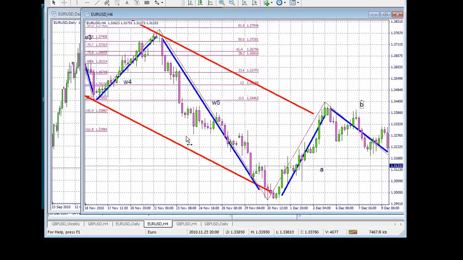And actually 61.8 on the Fibo level was a big surprise. And when the fifth wave started, it came with some violent moves. So this is why we have bigger candles, and we have such a big wave 5.